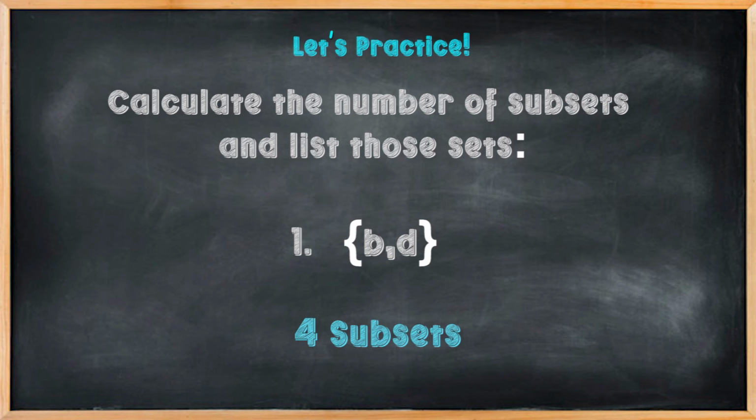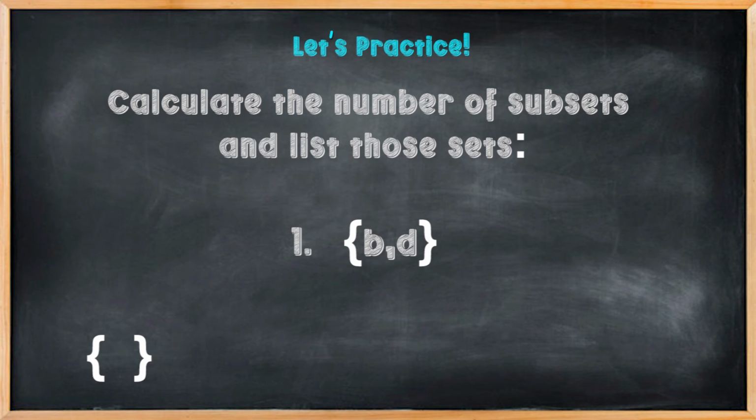Now let's list those subsets. Remember that an empty set and the set itself are always subsets of a given set. So first, we should start with an empty set. So the first subset of the set that has members B and D would be the empty set.